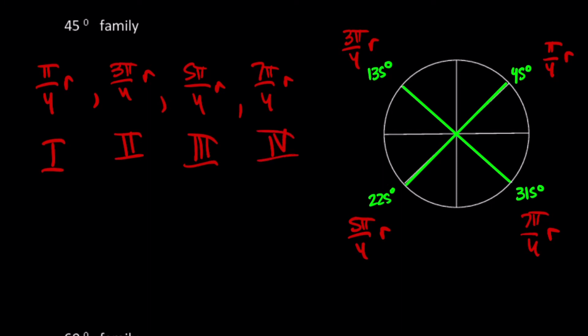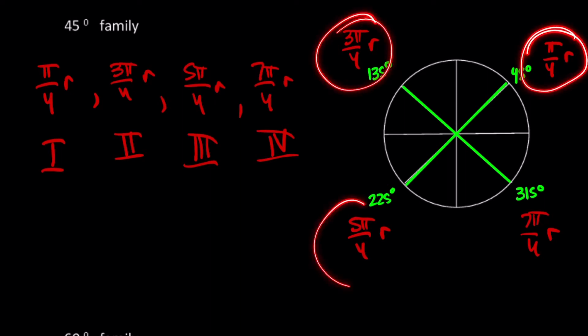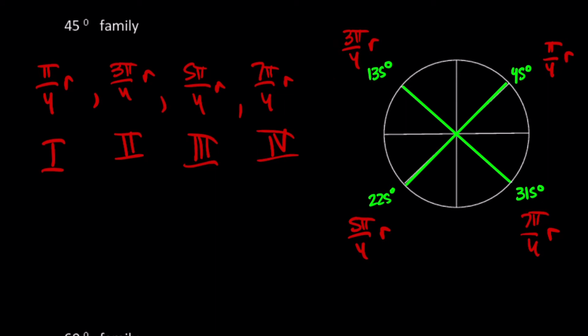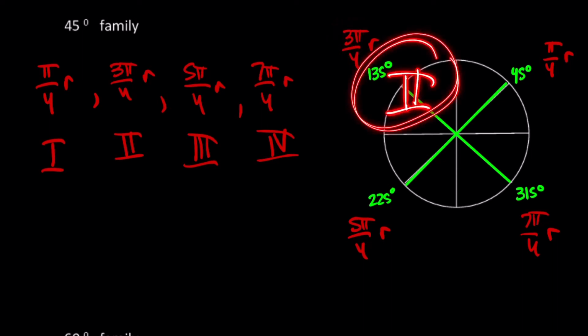So when we talk about a 45-degree family or a pi over 4 family, you need to know these 4 measures. And how do you get those quickly? Well, obviously, if it's just pi in the numerator, you're always in quadrant 1. This here is pi. So always think of it as the numerator and the denominator being the same. So if my numerator is 1 less than the denominator, you're always in quadrant 2.